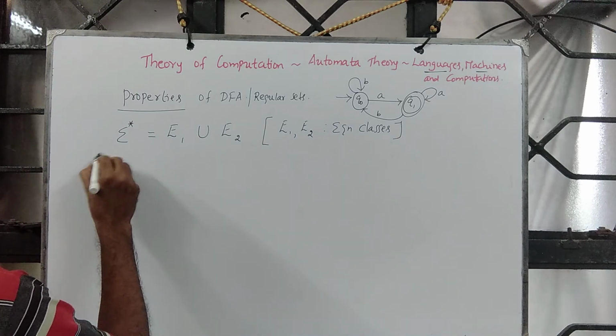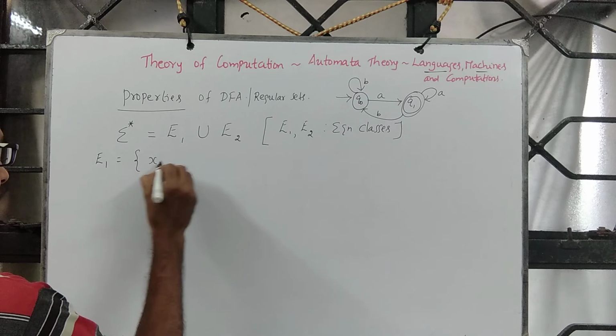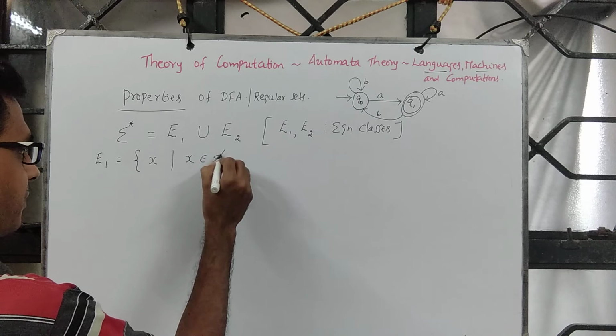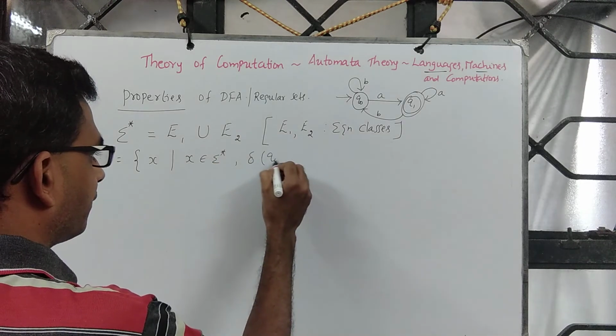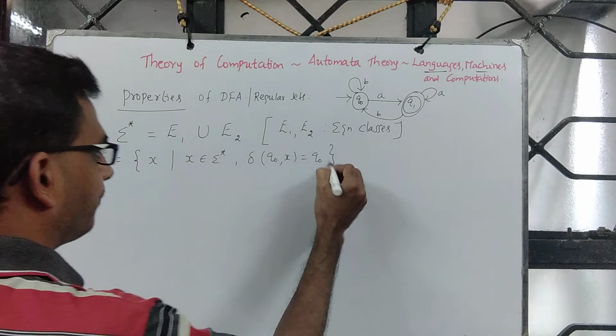So what is E1? E1 consists of the set of x belonging to sigma star such that delta of Q0 comma x is Q0.